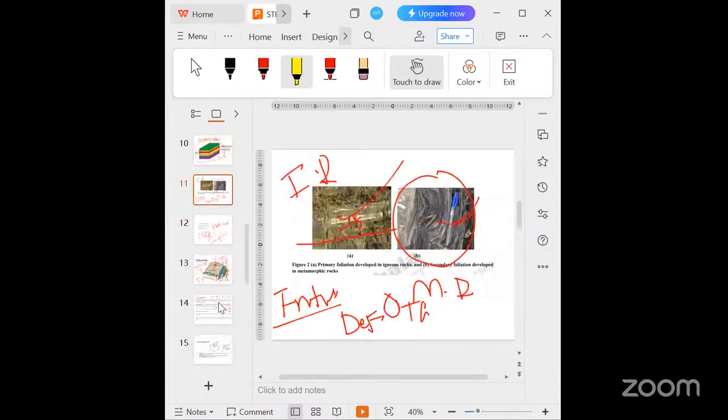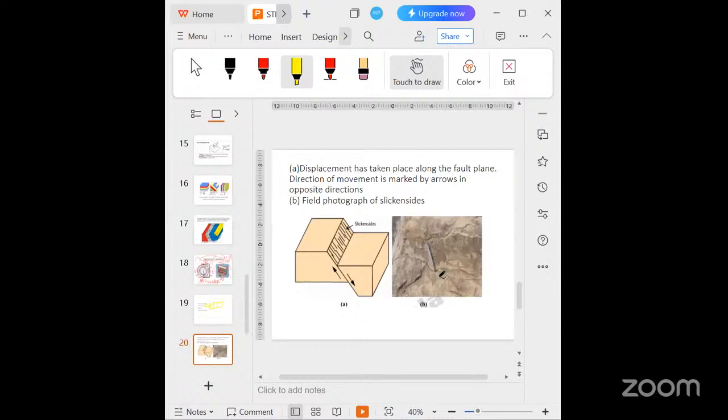You see this picture, displaced. Bedding planes are the planes that bound a sedimentary bed and separate two beds. Now, a fault plane is a fracture along which the rock blocks have been displaced.